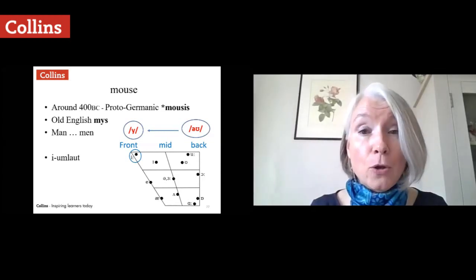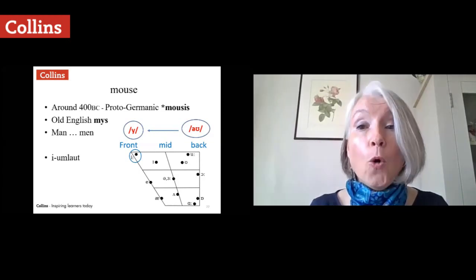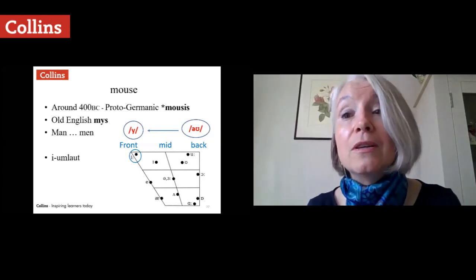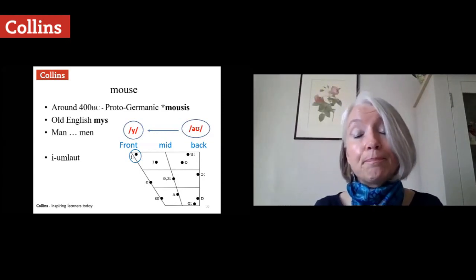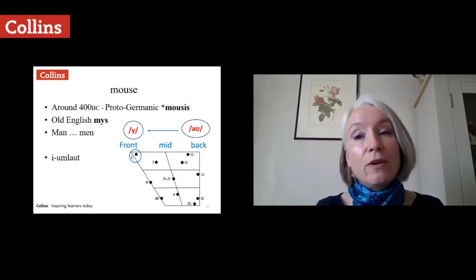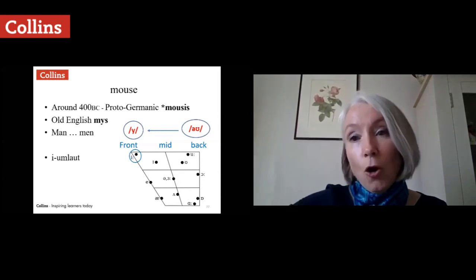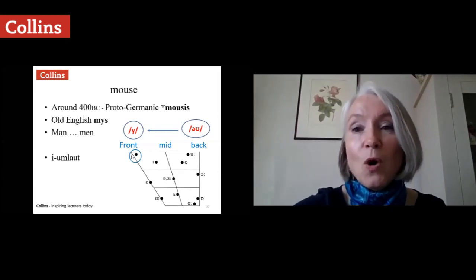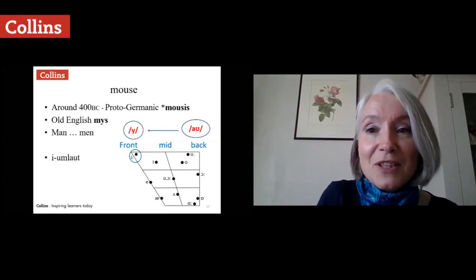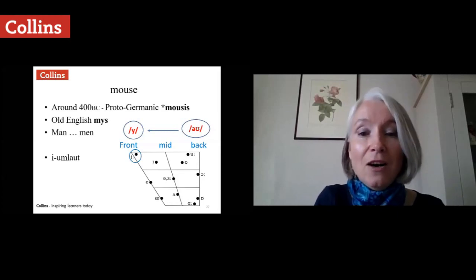Those irregular plurals go back to before English was even spoken in England. So you can see that we've just got to learn these and that it's very, very complicated, which is why I'm working from a sheet with some of this written down for me. It's very hard stuff.